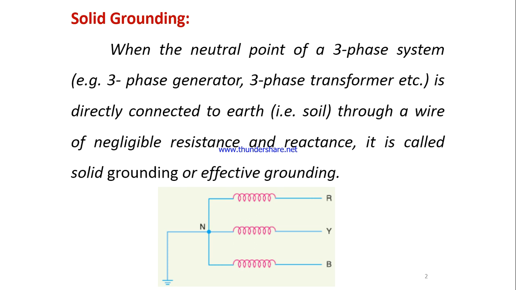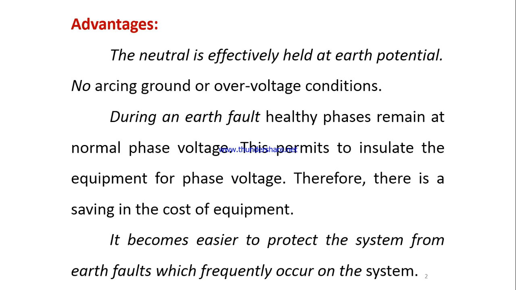Next is the first one, solid grounding or effective grounding. Here we connect a wire directly from the neutral to the earth. In this case, the system may be a three-phase generator or three-phase transformer, etc. This solid grounding is very effective because the neutral is effectively held at the earth potential.